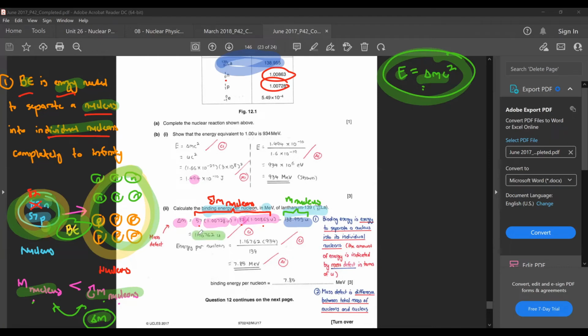I mentioned early on that when you're dealing with calculations in this chapter, the mass difference between the particles is really, really small. So you need to work to a large number of SF. You cannot just simply work to 2 or 3 SF anymore. If they give you your data in this many SF, you use it as it is. You do not round it up.